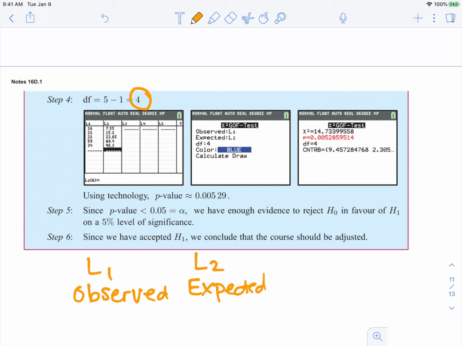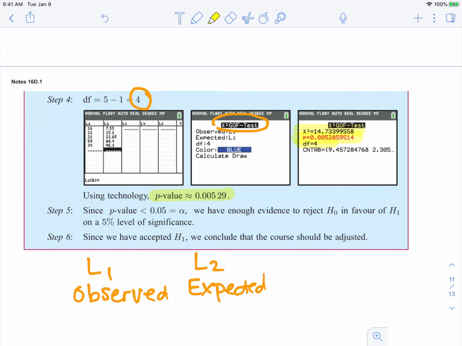And then you would choose the chi-squared goodness of fit test. And there is your p-value. And notice there's your chi-squared value and your degrees of freedom. So when we use our calculator, there is our p-value.